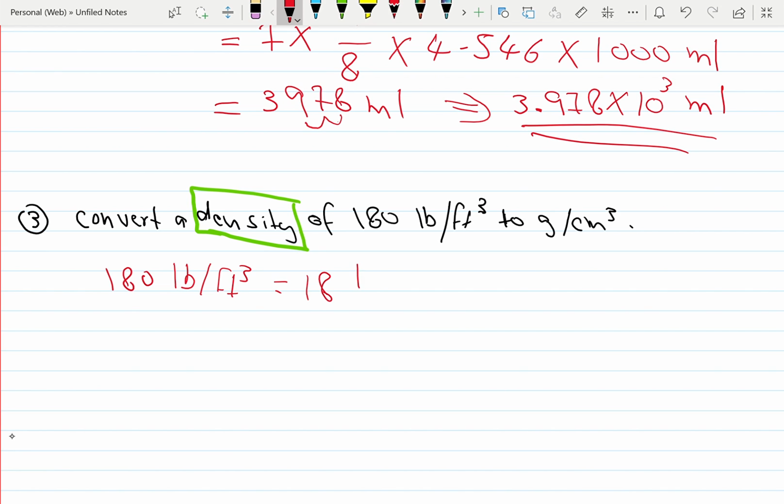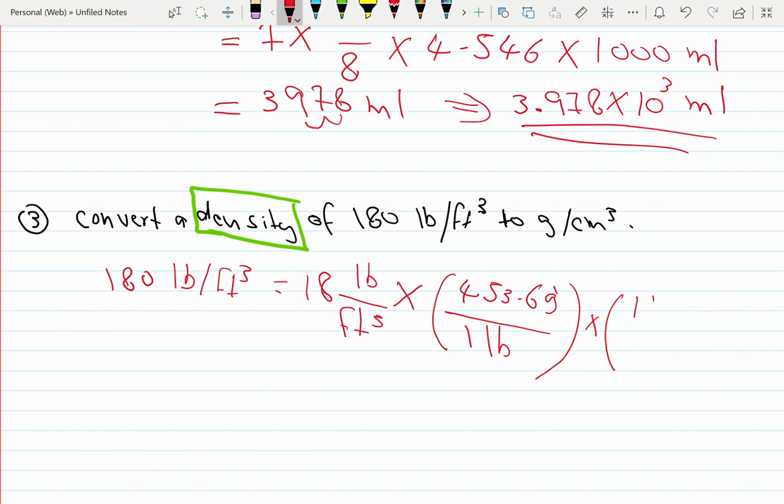So we have pound, per means over here, foot cube. Okay, we know that in 1 pound we have 453.6 gram over 1 pound. Good, that is times.